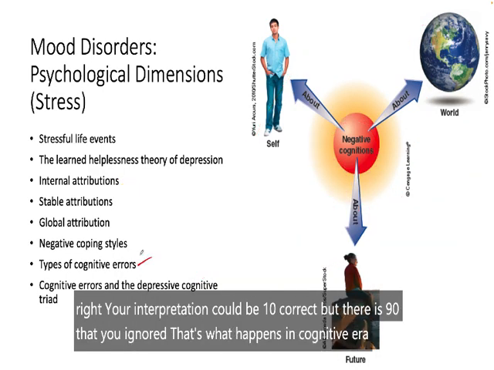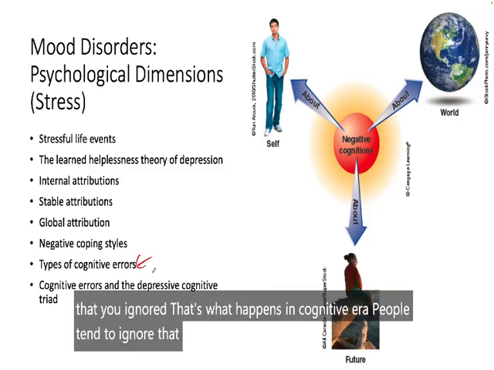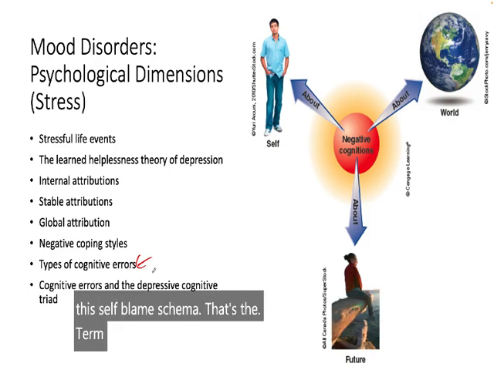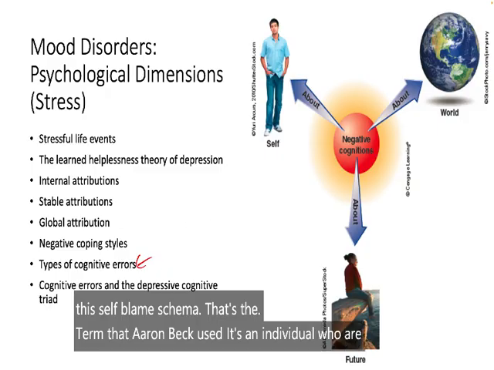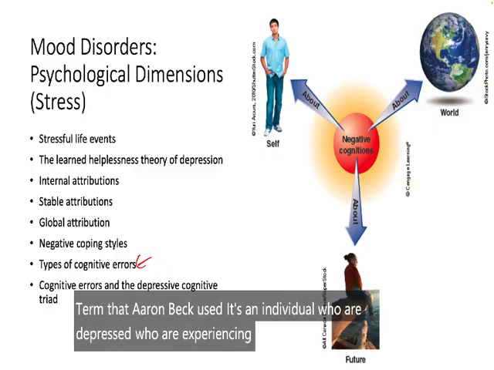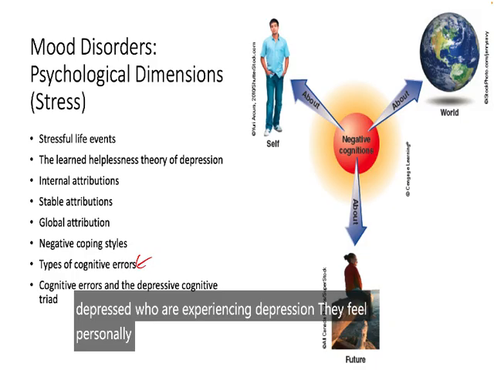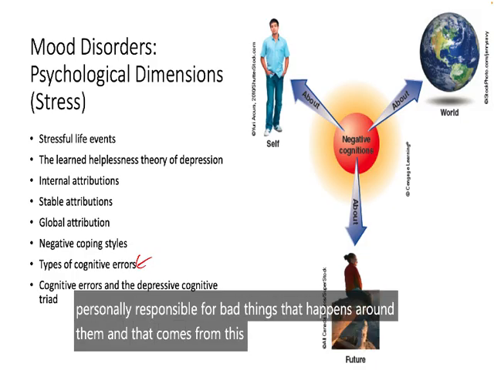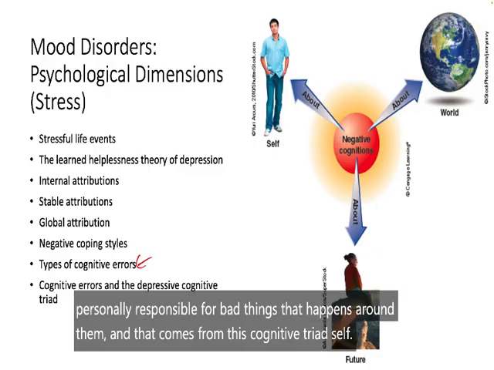People tend to ignore that 90% and focus on this self-blame schema. That's the term that Aaron Beck used. It's an individual who is experiencing depression. They feel personally responsible for bad things that happen around them. And that comes from this cognitive triad: self, the world, and the future.